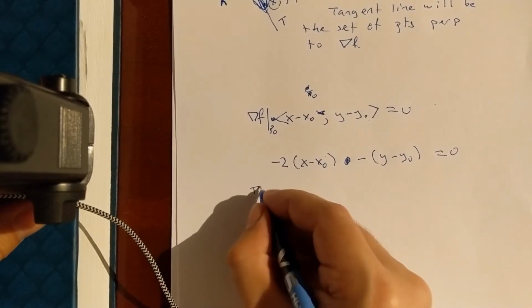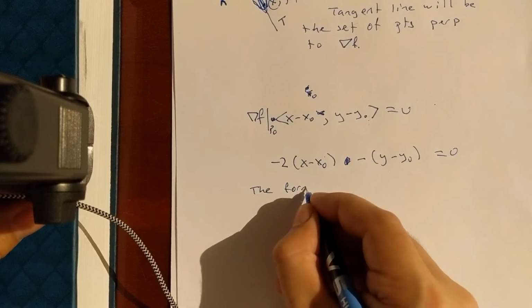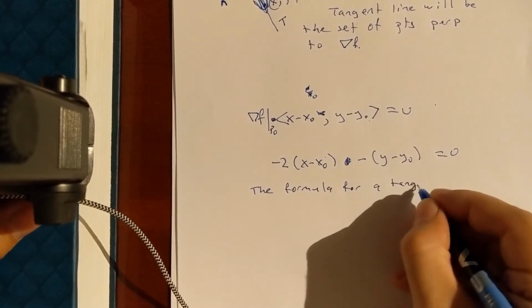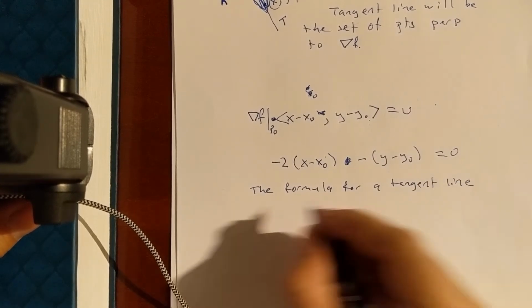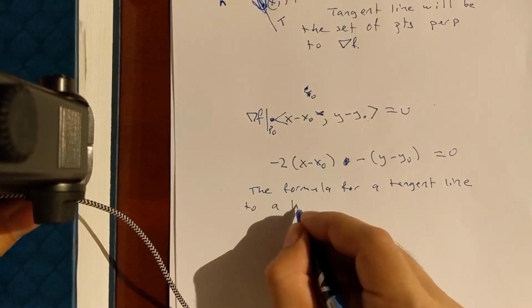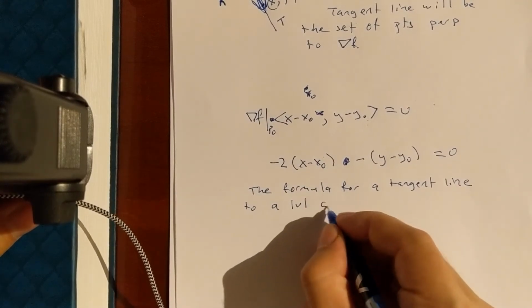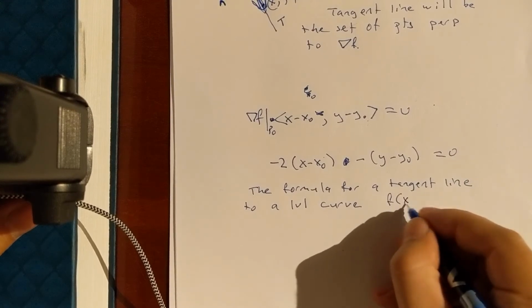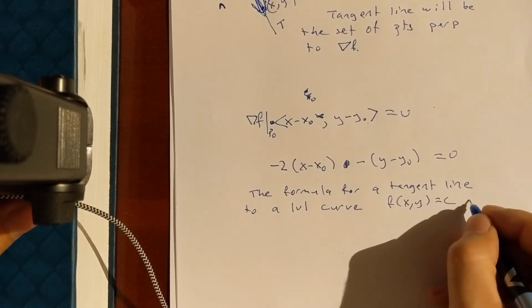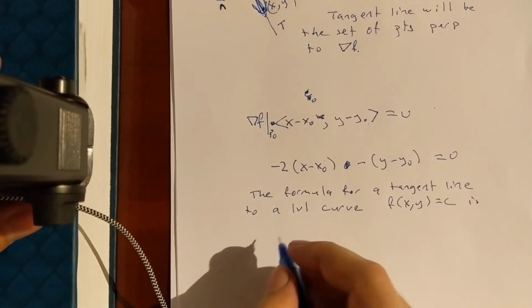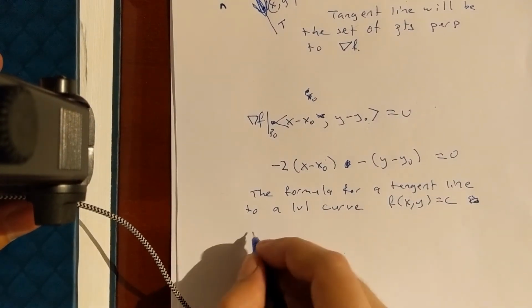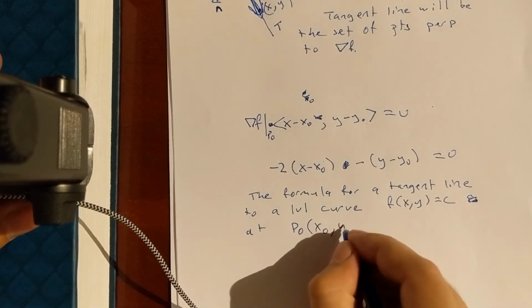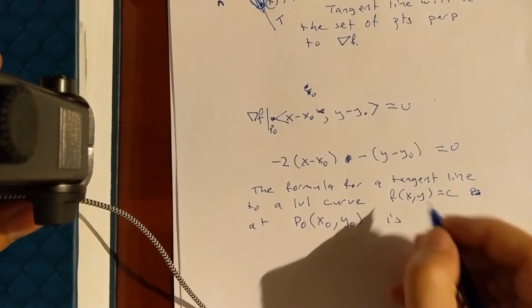So the formula for a tangent line to a level curve f of x y equals c, given the point p naught equals x naught, y naught, is very nice.